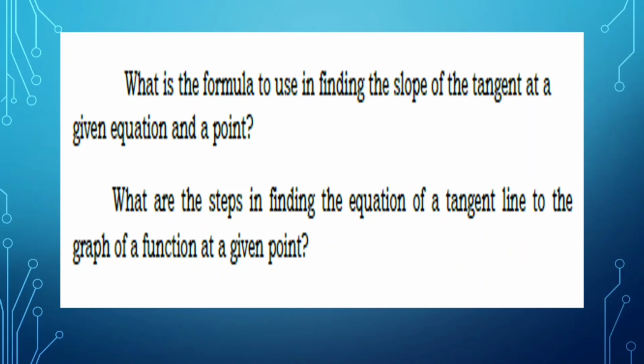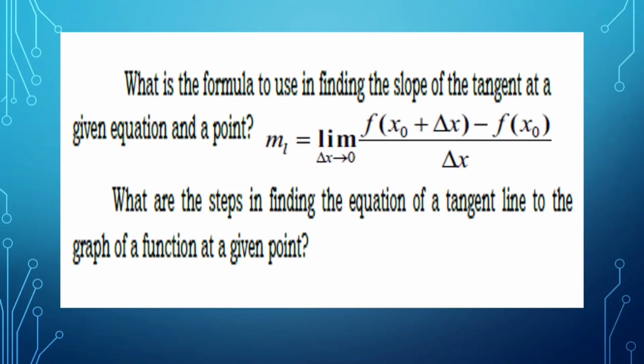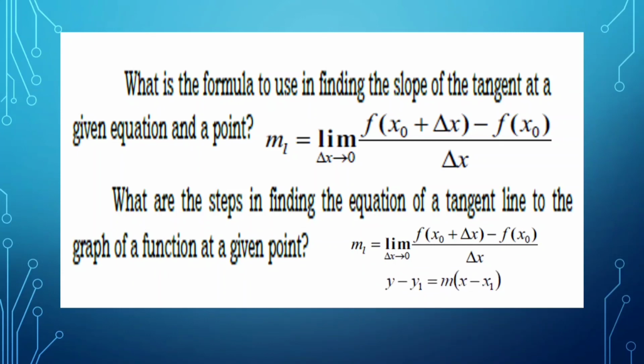What are the steps in finding the equation of a tangent line to the graph of a function at a given point? Okay, very good. So these are the steps. Did you get the same answer?